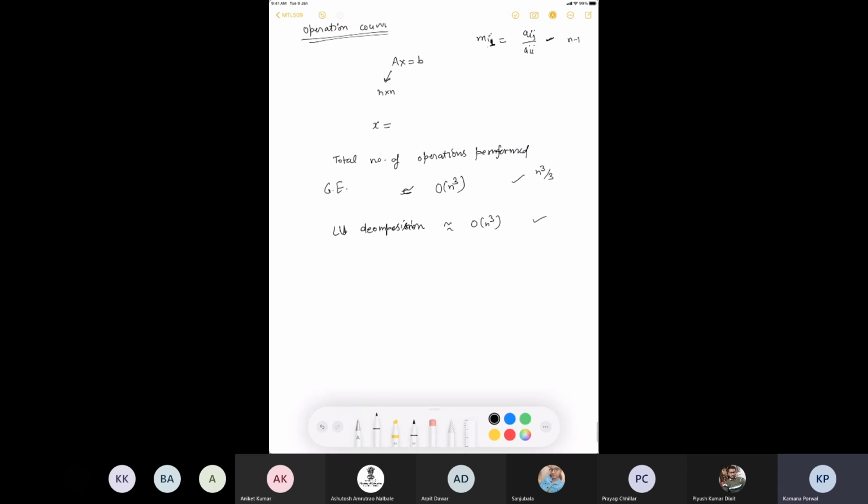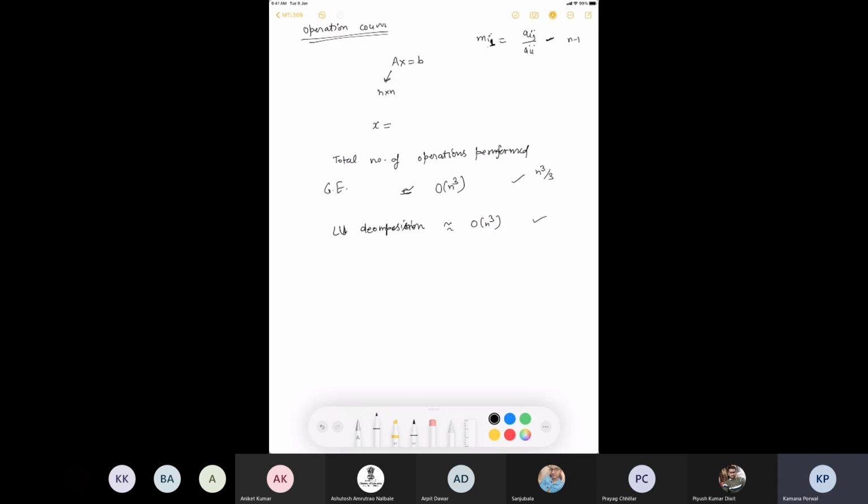But in the iterative methods, it is of order n square. Okay, so that is why the iterative methods are more useful when you have n very large, because n cube and n square make a huge difference, and it really affects the computational time.